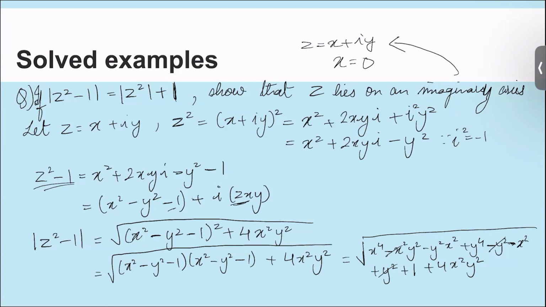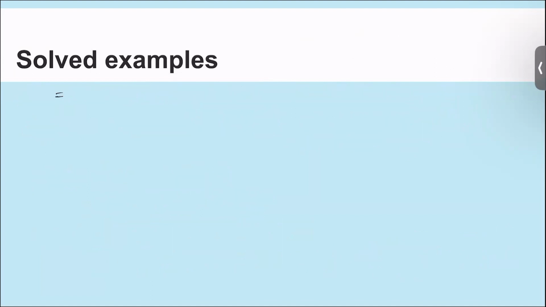Let me just check once. x squared, x squared y squared. I have missed another one, so there will be one x squared value over here. So you can cancel out your x squared and y squared terms.